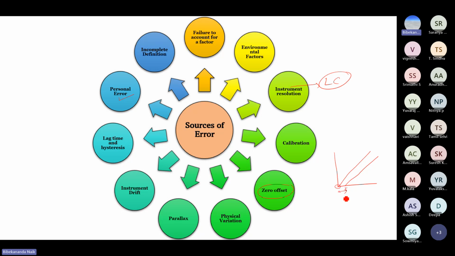So this is some error, and at each point the value should be here, but for this graph the value is here. Suppose this is x and this is y. For a particular value of x, the true value is y1, but the actual value we are getting is y2.